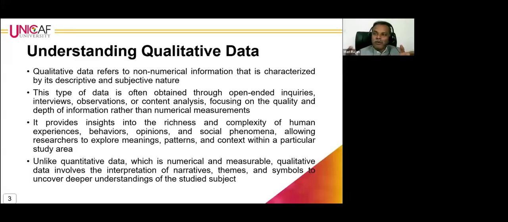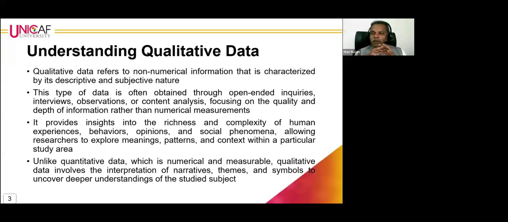They are given freedom to express themselves, to share their feelings, experiences, behaviors, opinions, and also some social phenomena. So it allows researchers to explore meanings, patterns, and context within the particular study area.